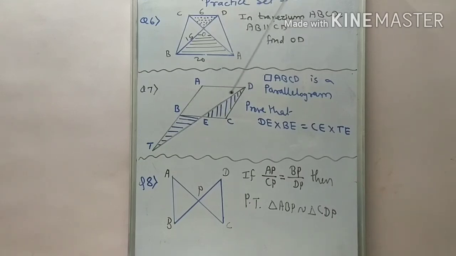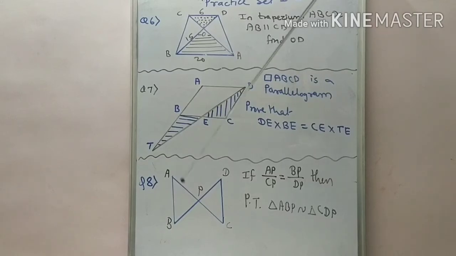These alternate angles are congruent because CD is parallel to TB. Okay, so by AA test, show that these 2 triangles are similar triangles, then take the corresponding sides in proportion according to the one-to-one correspondence. So you will get this property.